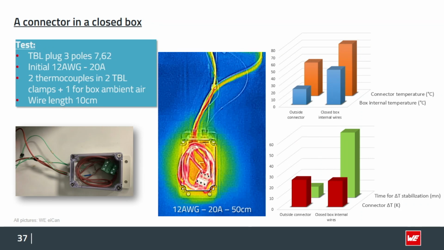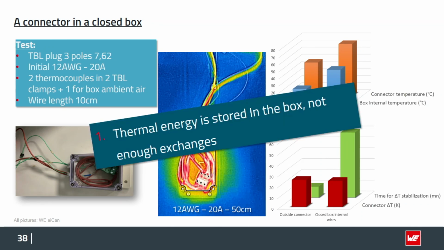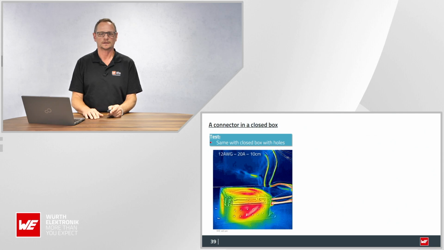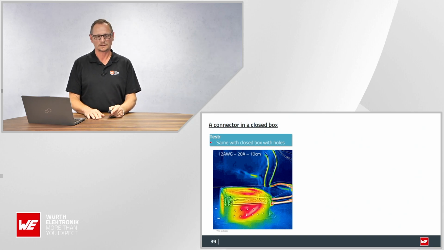Yeah? So we can follow this, and if the thermal energy is stored in the box, then you really need another way to exchange this. So to exchange this, we found the possibility of putting some holes into the enclosure. So we have some kind of airflow, and the dissipation should be running over these holes.